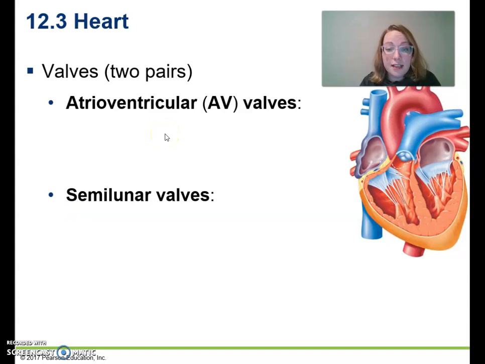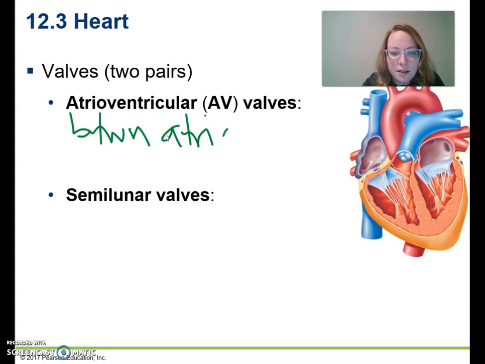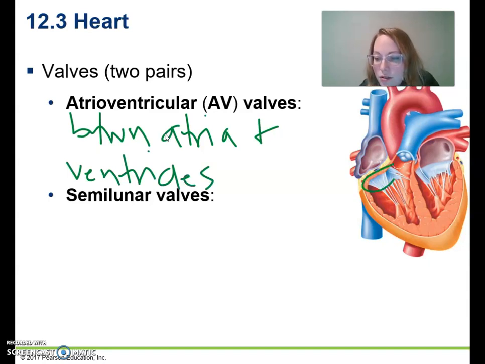The first set is the atrioventricular valves, or the AV valves. Based on their name, you might have a pretty good guess of what they're between. They are between the atria and the ventricles. So once blood enters the ventricles, it won't flow back into the atria. So here's one, and there's the other.